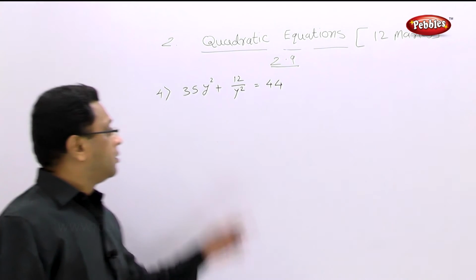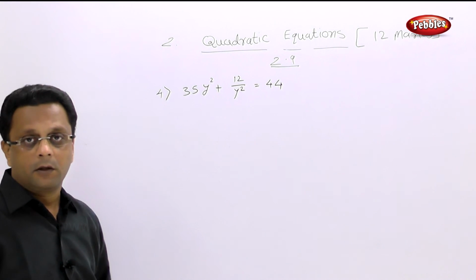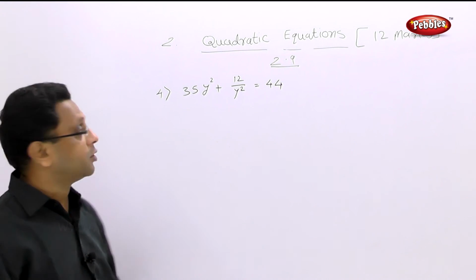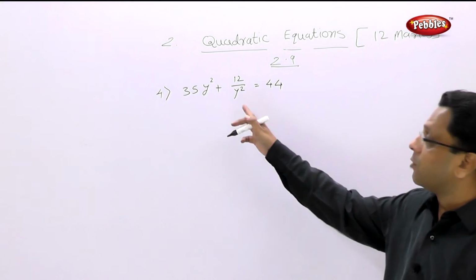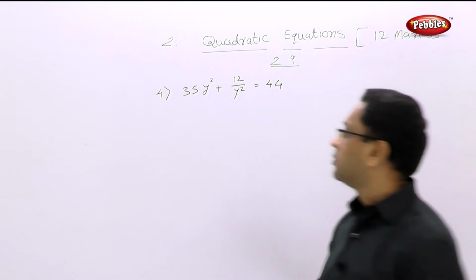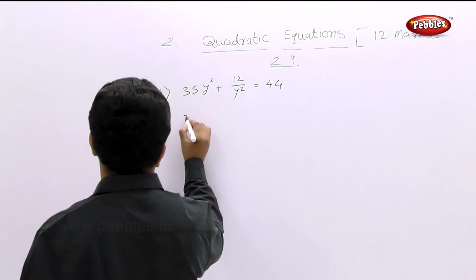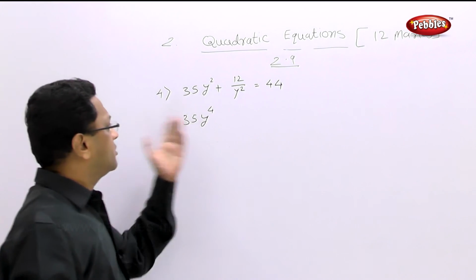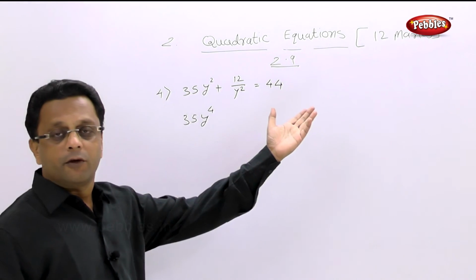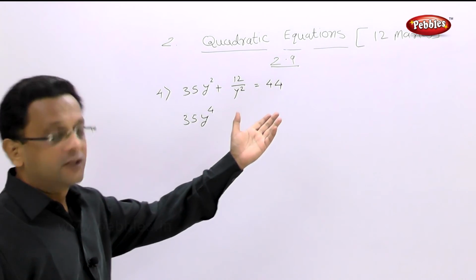Now, how you will solve this? Initially it looks like a quadratic equation because degree is 2, but it's not so. Y is the denominator here, y square. So first solve this. I am simply multiplying the equation by y square.